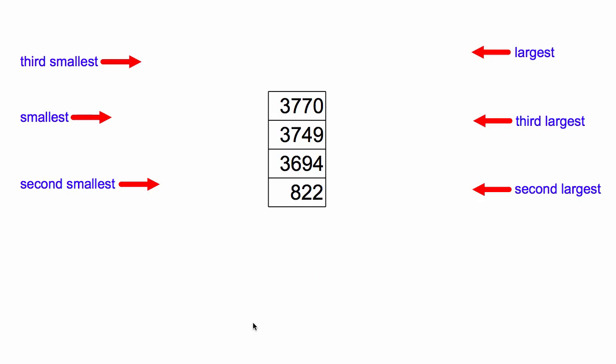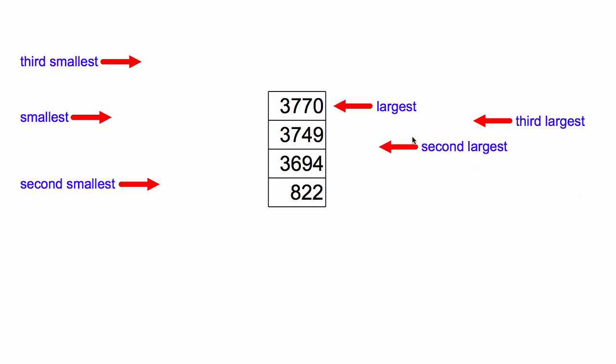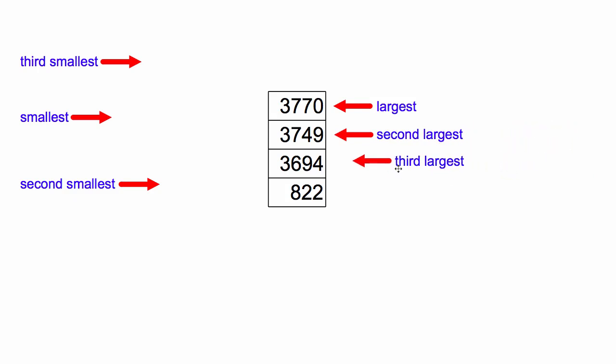Let's have a look at some of the terms or the words we use to describe numbers in this particular order. I've actually listed these now from the biggest down to the smallest. So we would call this the largest number, and in order we would then get the second largest, and then the third largest, and finally the bottom number would be our smallest number.